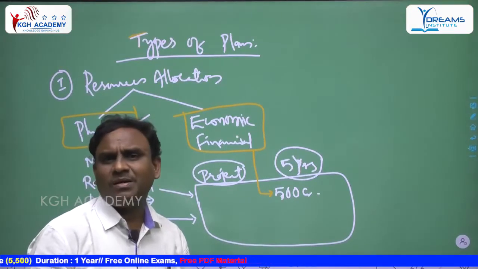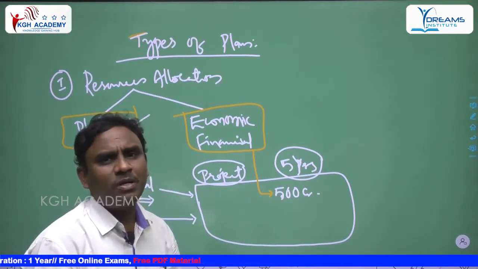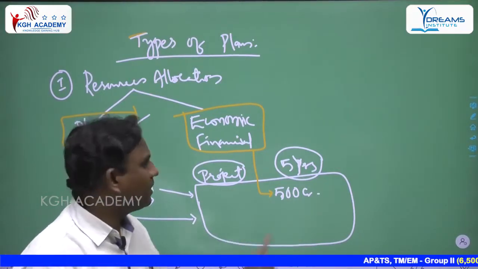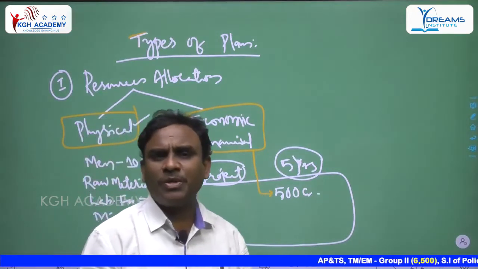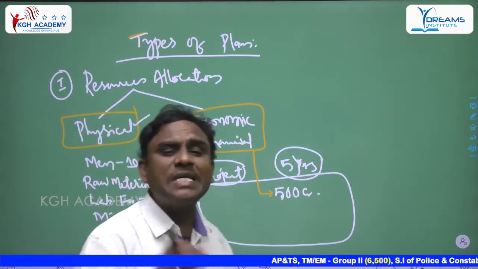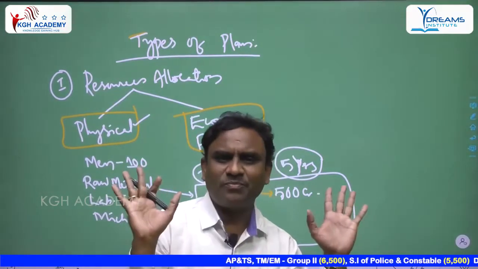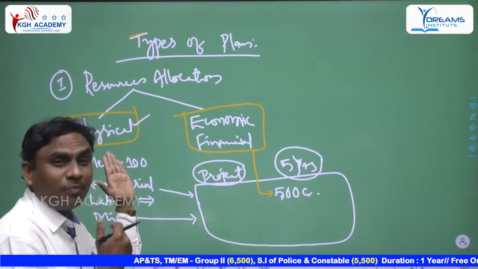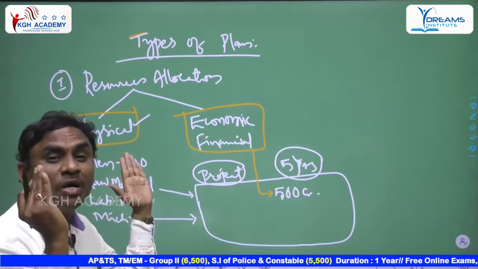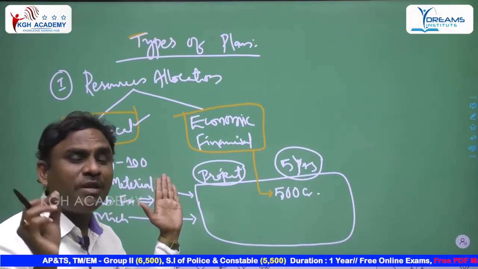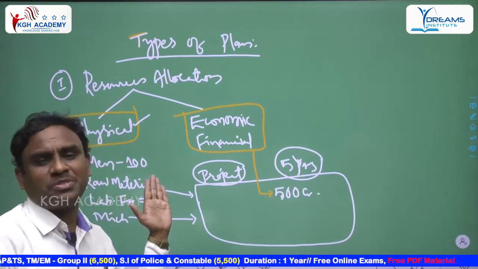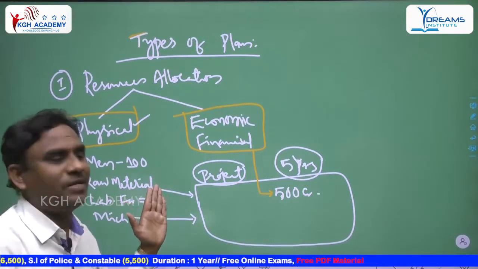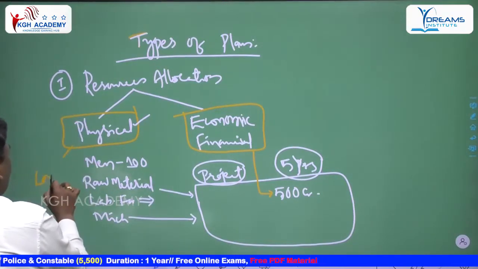The contractor and other concerned people plan and design the entire project. This is called financial plan or economic plan. First one is called physical plan. First of all, we need to know that physical plan is related to the long term. If there are long term objectives, then physical plan is the best plan for the long term.